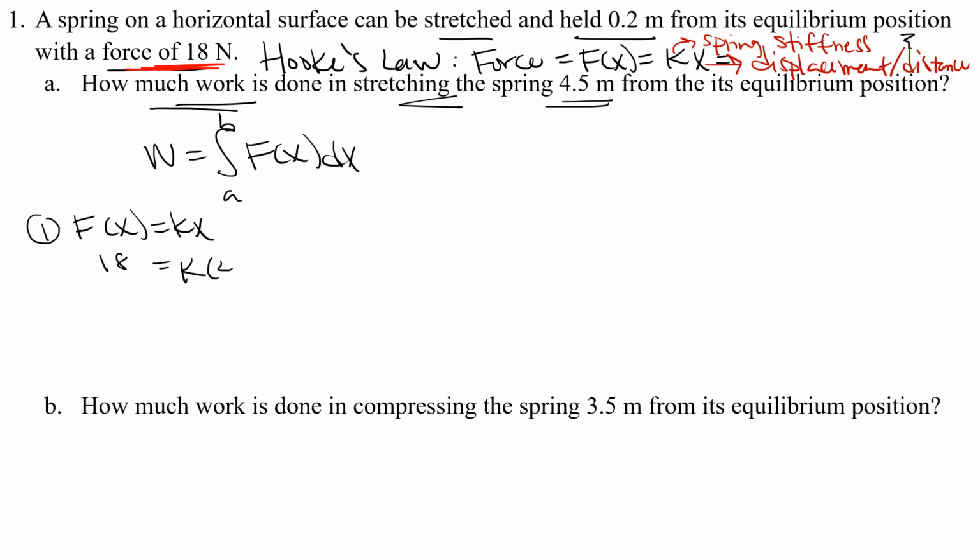So that's going to be our x. Now if we wanted to find what the stiffness is, we will want to solve for k, and we get k to be 90. So now that simply means that our force function can just be rewritten as 90x.